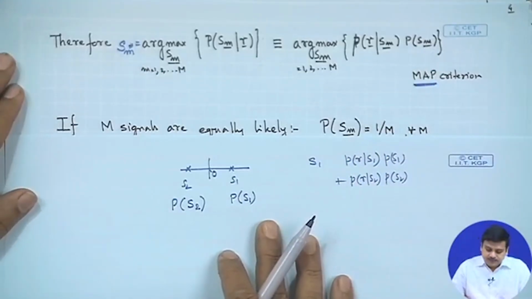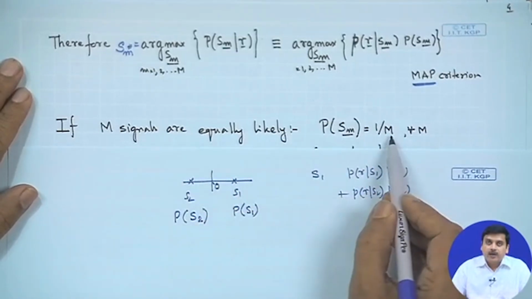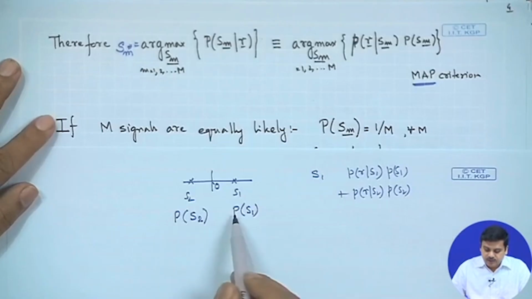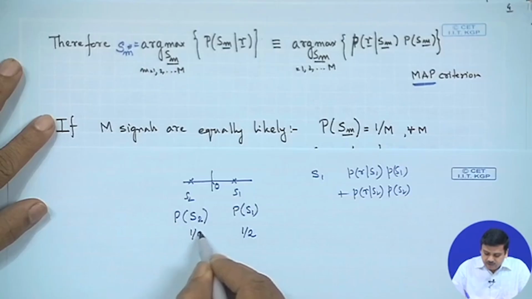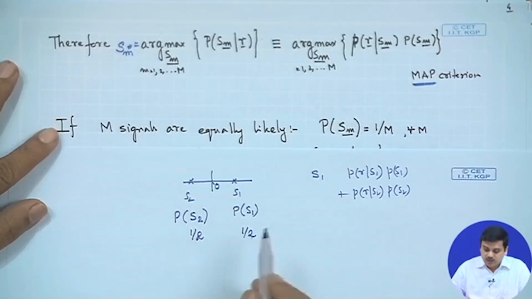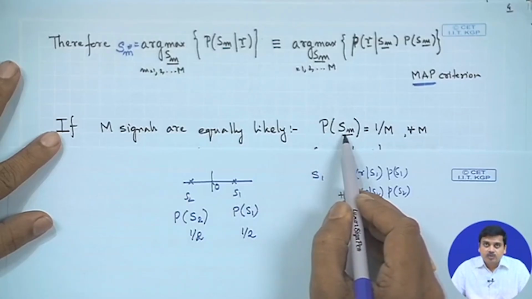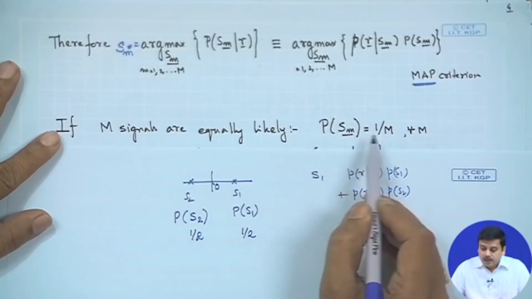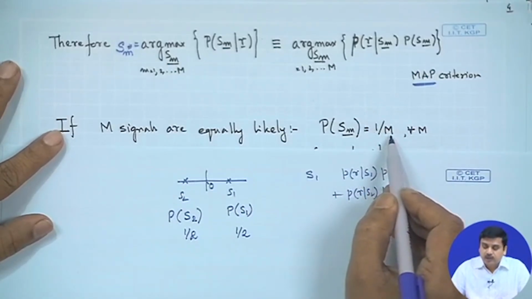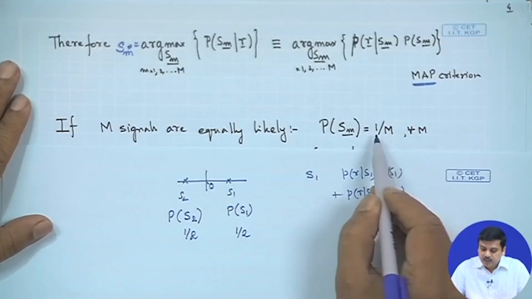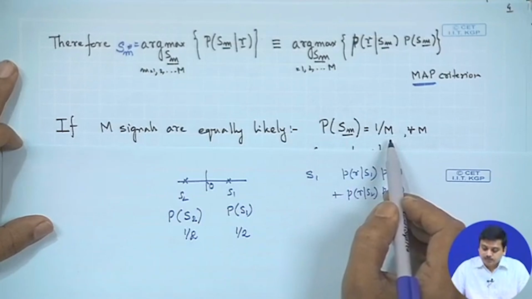As we just said, it is highly possible that the P of Sm are equiprobable. With this particular example, the probability of sending S1 is half, the probability of sending S2 is half. So, that means they are equiprobable. So, P of Sm should be equal to 1 upon 2. If there are m such possible signals, and if they are equiprobable, then P of Sm is 1 upon m.